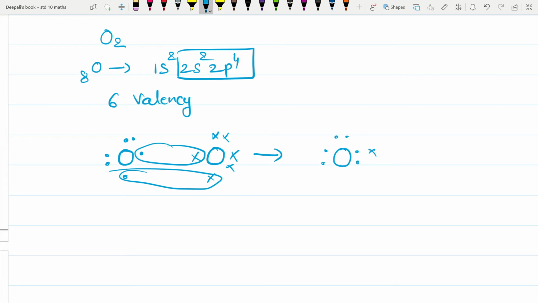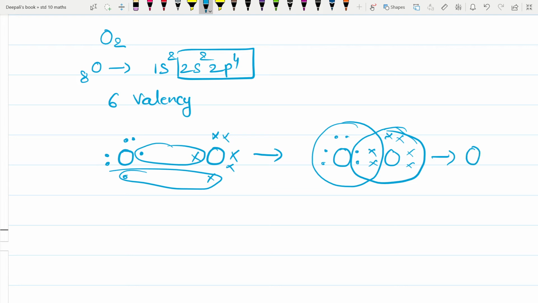So here you can observe that it is forming a bond between two pairs, and so you can see it completed its octet of 8 but in the same orientation. And so now you can represent O double bond O, because here 2 pairs of electrons are shared. And so this is an example of a double bond.